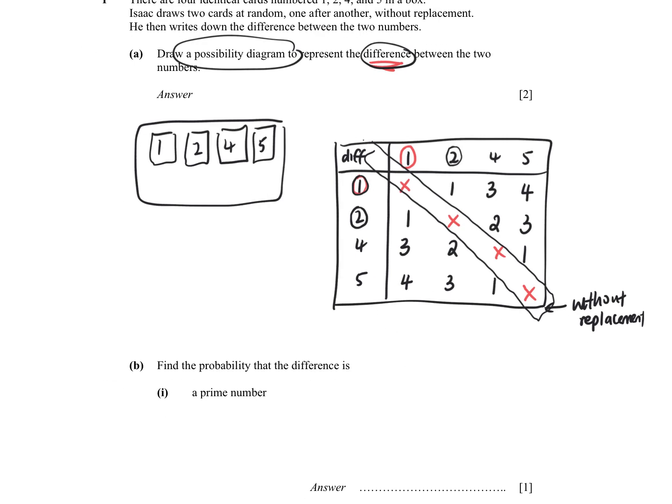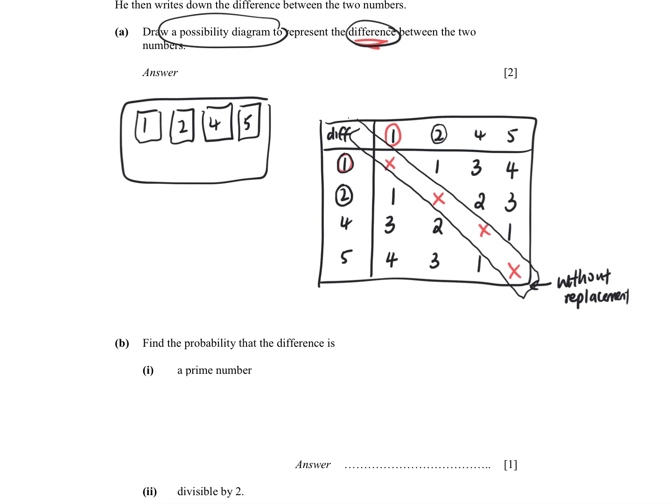Now they say, can you find the probability that the difference is a prime number? So prime is this. There's 6 options out of a total of 20. 6 out of 12, so you just half. Oh my god, these are not counted. Wait, I calculated 3 also.